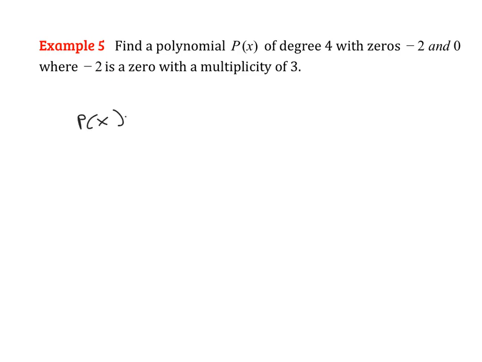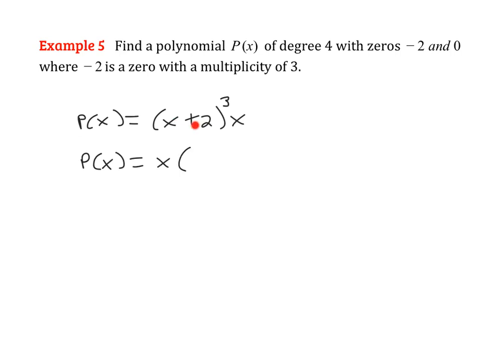So we have p of x equals x plus 2, because the zero is negative 2. And then since we have another zero at 0, I have x. And since it says negative 2 has a multiplicity of 3, I'm going to cube it. So now I need to multiply this out. So p of x equals x times.